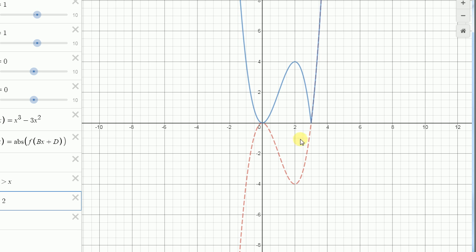So where the dotted red line is above the x-axis, so we've got a positive y value, it's the same function. But for every point where it's negative, it inverts itself and draws us a copy that's been reflected. But in itself, it's not a true reflection. It's only a partial reflection. It's a reflection of only the negative values.